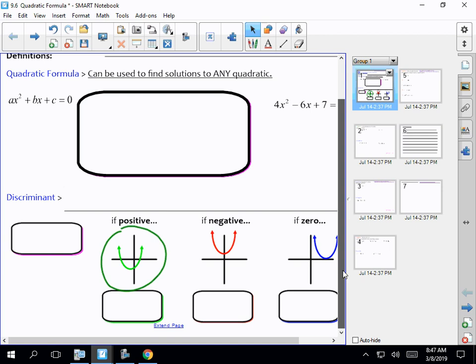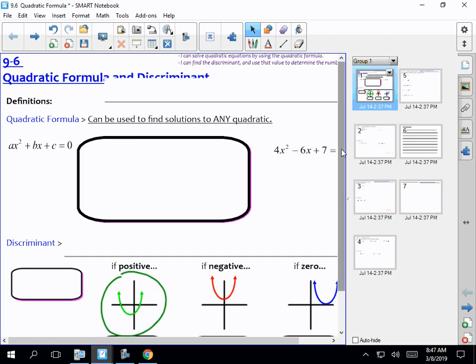Okay. The quadratic formula, I'm not going to go through the proof of it at this stage. I'm going to save that for another time. But it comes from completing the square in general with the quadratic equation ax squared plus bx plus c.